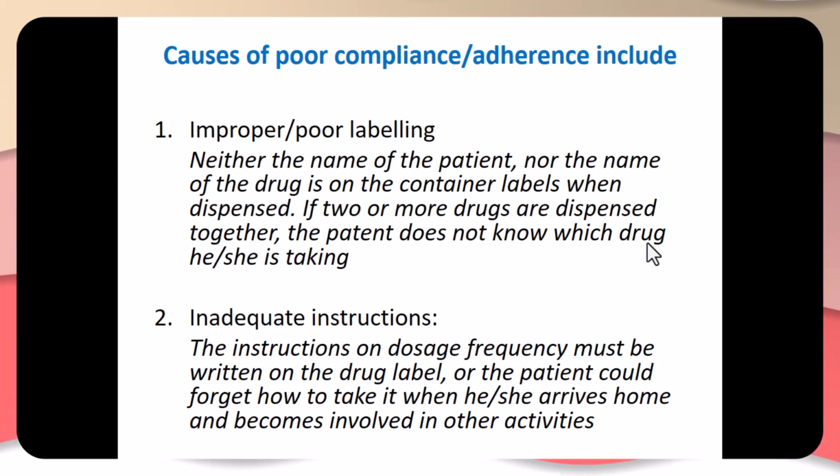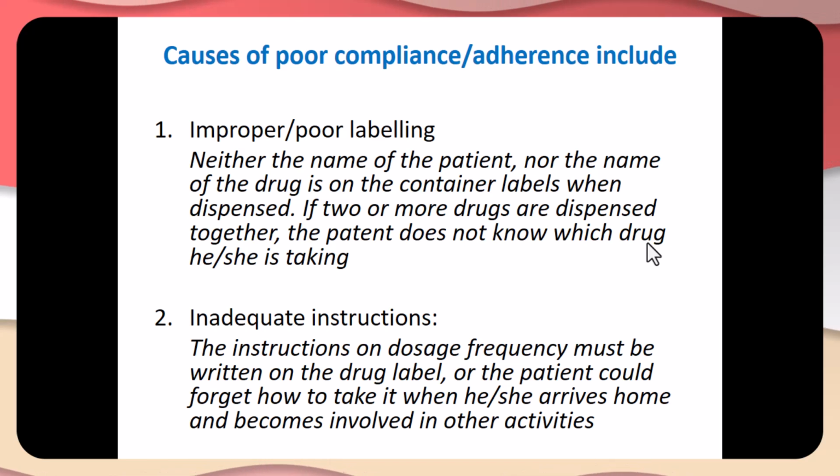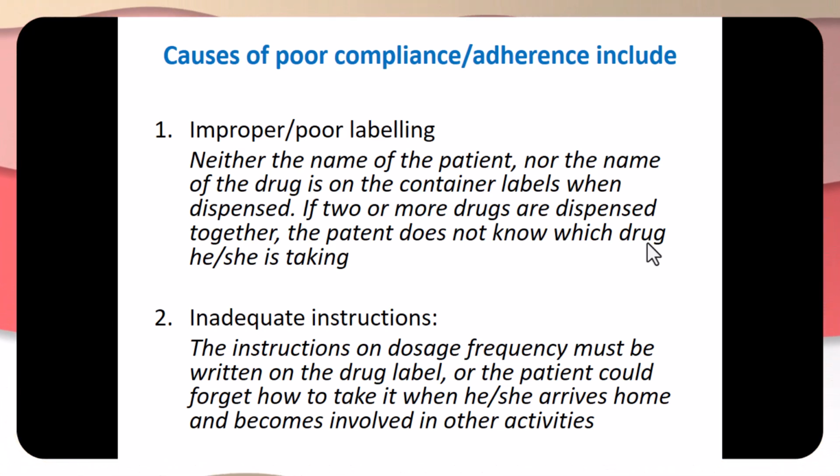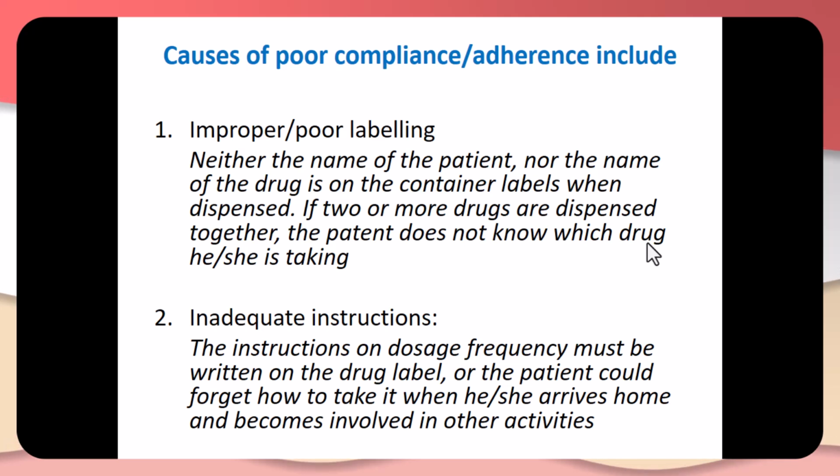Sometimes our packaging material has details and then we ignore those details when giving to the patients. It gives you the name of the drug and then you are not writing the name of the drug there, or you are writing the name of the drug in abbreviation. These patients need to know these medications that they are taking.